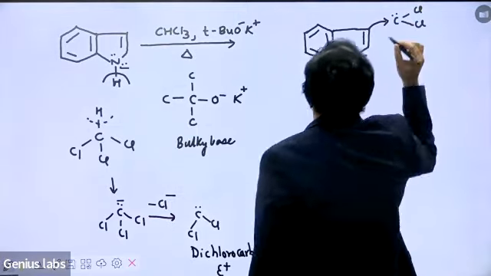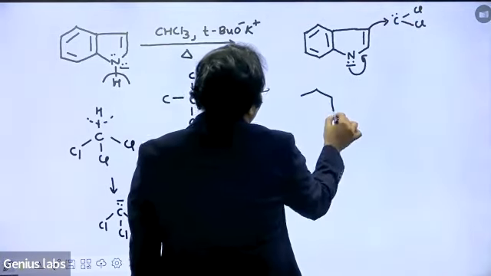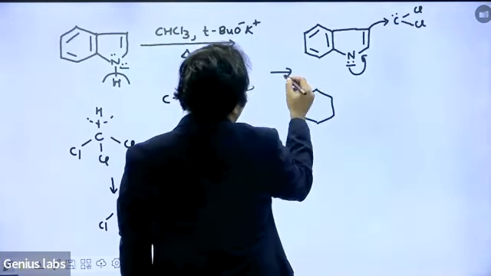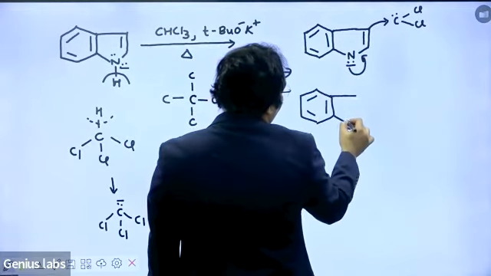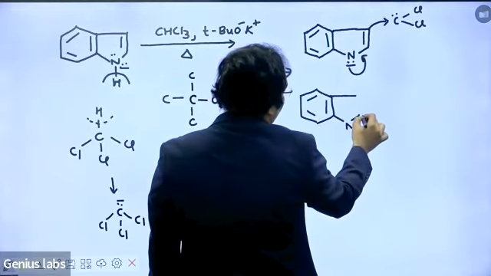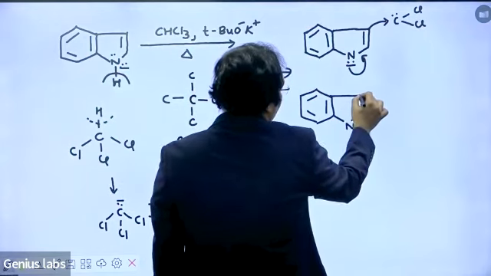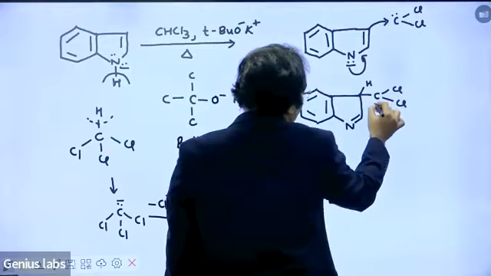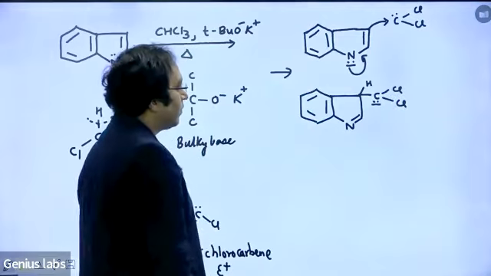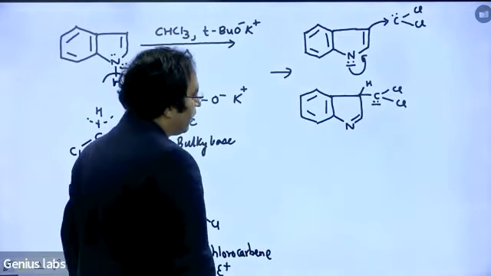This is dichlorocarbene. So what will be the option? This will result in N double bond, single bond H, C, Cl, Cl and negative.